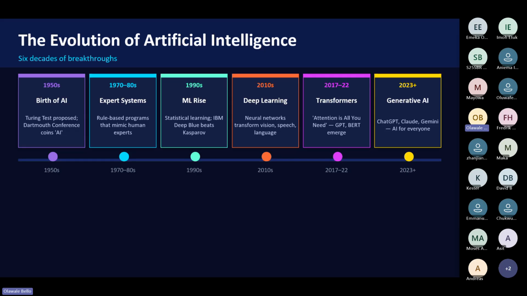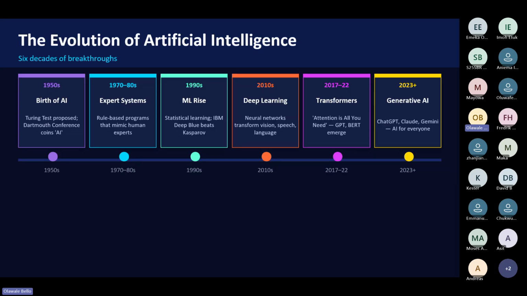The systems were useful, but a major limitation is that they could not learn or adapt on their own. So in the 1990s, the focus shifted to teaching computers how to learn from data. The approach became known as machine learning. A major milestone occurred in 1997 when IBM's Deep Blue defeated the world chess champion Garry Kasparov. For the first time, a machine beat the world's best human player in chess.